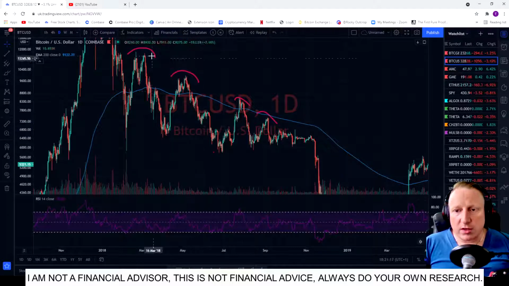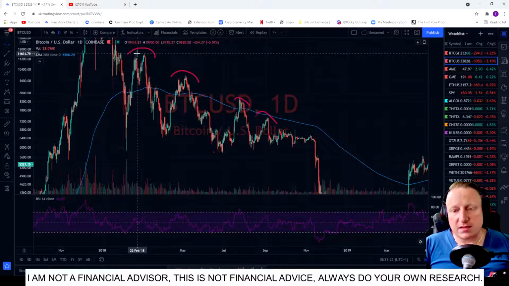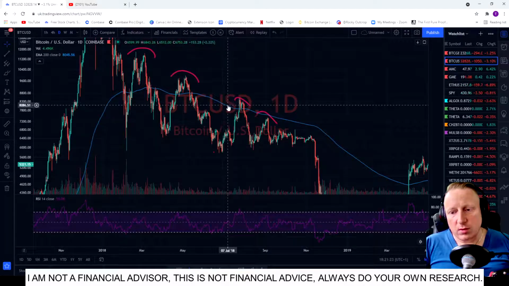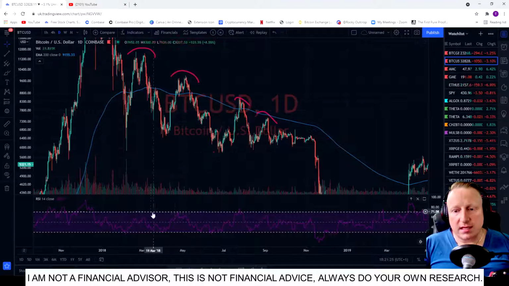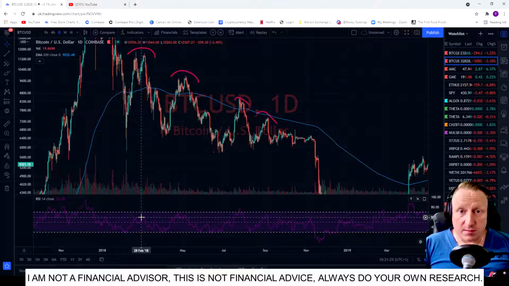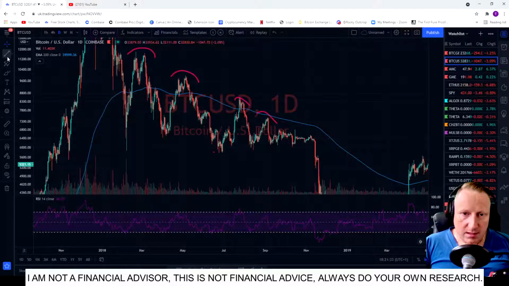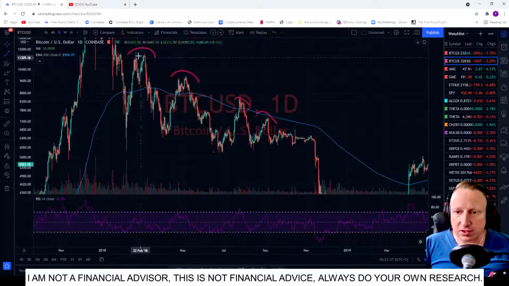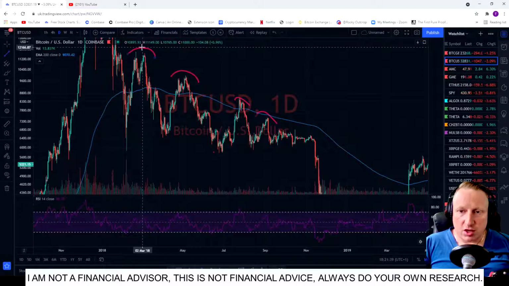Okay, so what we're looking for now is the RSI, as the coin comes down, we are looking for the RSI tops, the bear trend, to be going up into the overbought territory. Let's see if they do. So here's the top. So let's go from these two tops here.